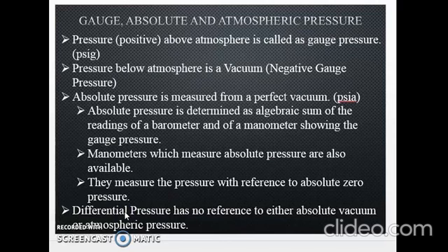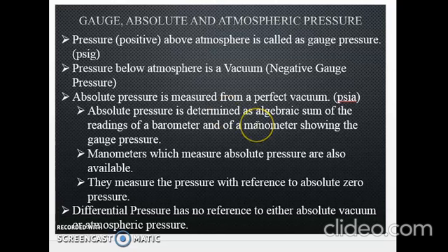The pressure above atmosphere is usually called gauge pressure. The convenient unit for measurement of gauge pressure is pound per square inch gauge, PSIG. The pressure below atmosphere, in vacuum, is usually called negative gauge pressure.